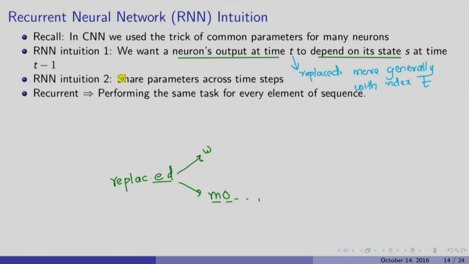So share parameters across time steps, and that basically means the O that gets predicted after seeing an M is based on the same kind of model, same parameters that predict an E after having seen a C or a D, and so on. So that is what we refer to as recurrent. We are performing the same task for every element of the sequence.